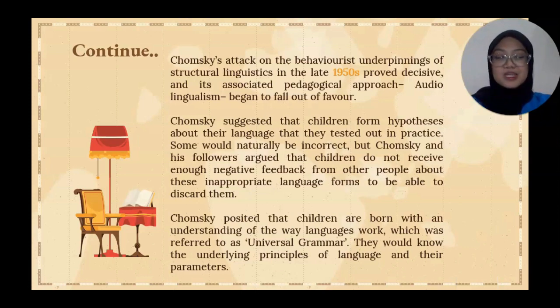Chomsky posited that children are born with an understanding of the way language works, which was referred to as universal grammar. They would know the underlying principles of language and their parameters.